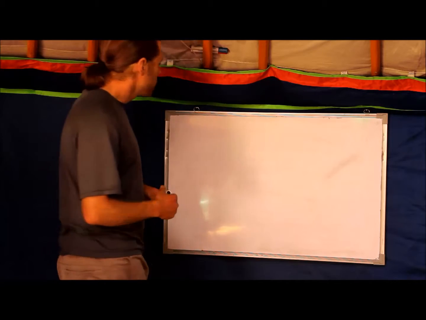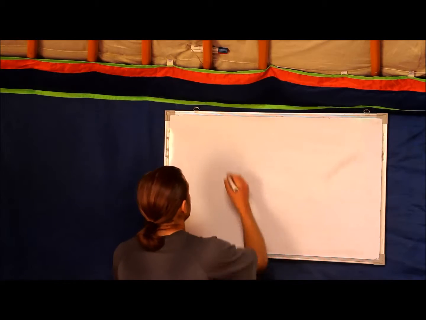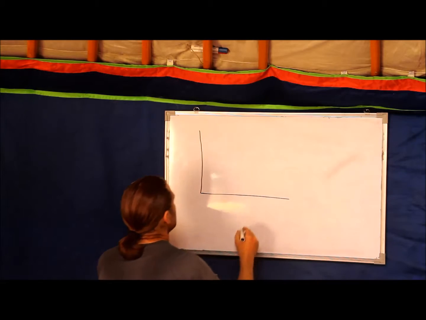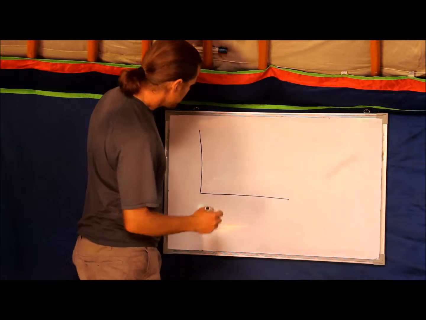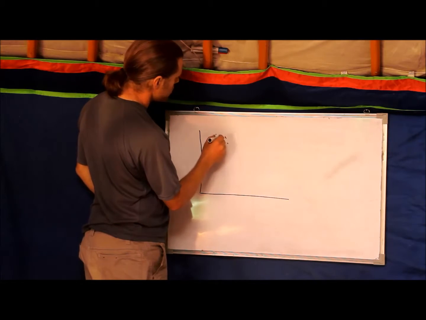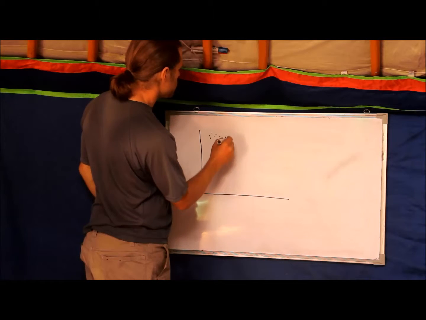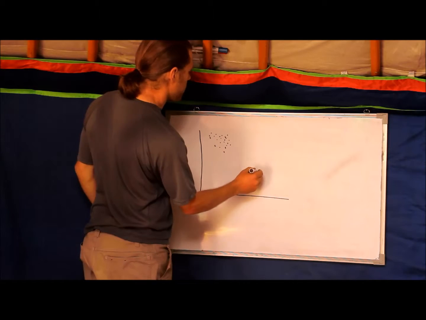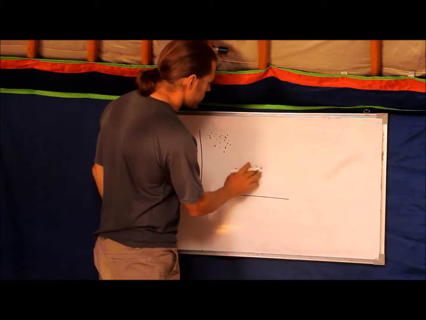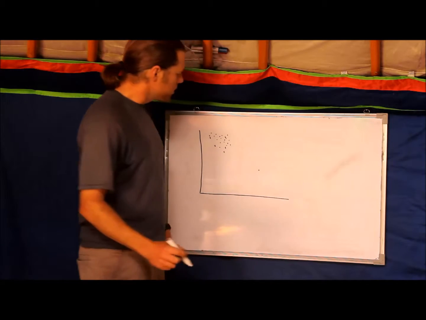So imagine that you have some plot here. Imagine that your data look like this. You measured a bunch of things here, and then there's one, we'll say, that's down here. We'll make that the same dot as all the other ones.